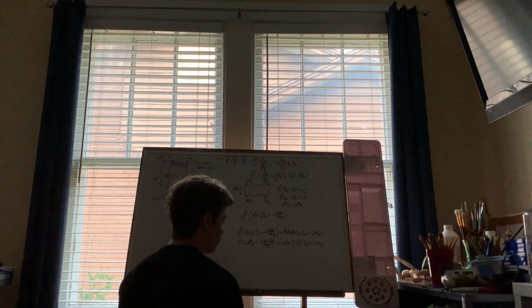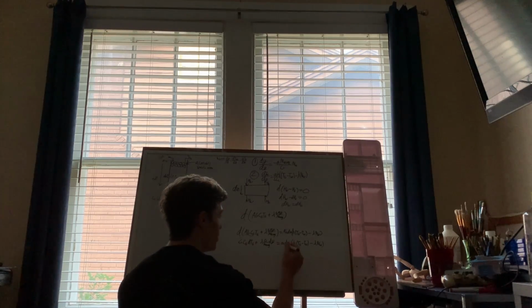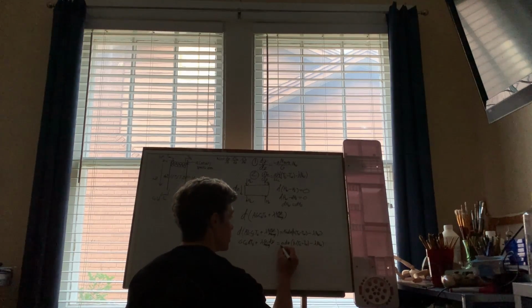And then if we divide by the change in position, we're actually going to be left with two differential equations. But when we do it, we'll notice something very interesting and cool.